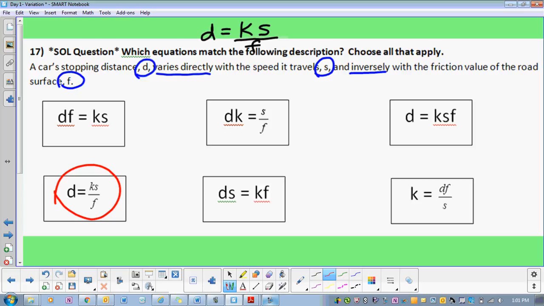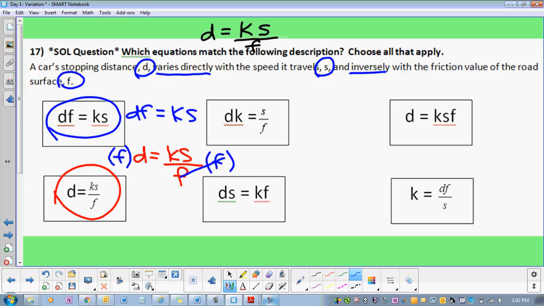All right, so look at this guy, DF. Well, if you took D and multiplied it by F, to make it DF, well then, DF equals what? KS. Oh, so you're right, Dylan. That one also works. Are there any more?